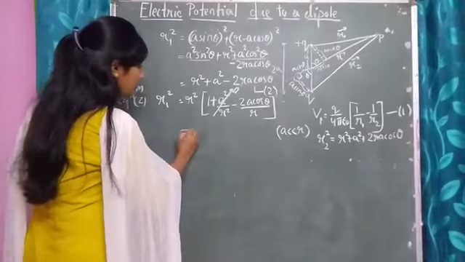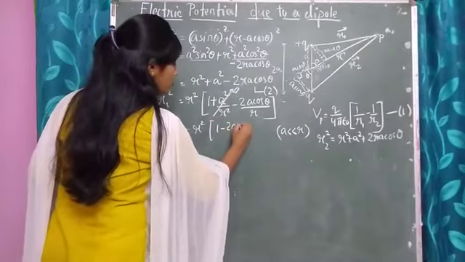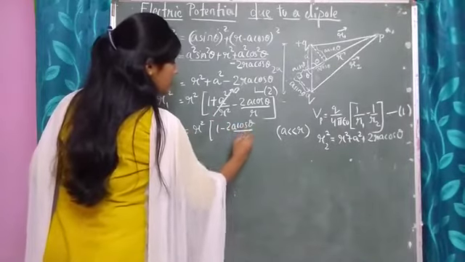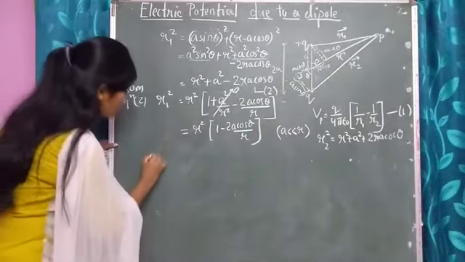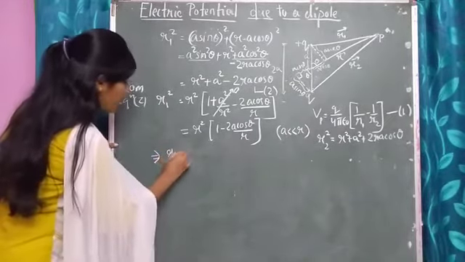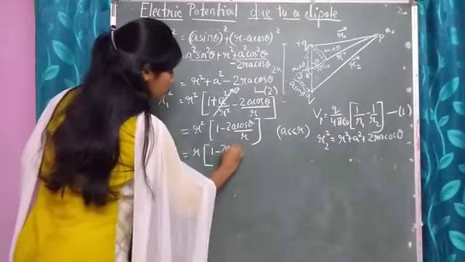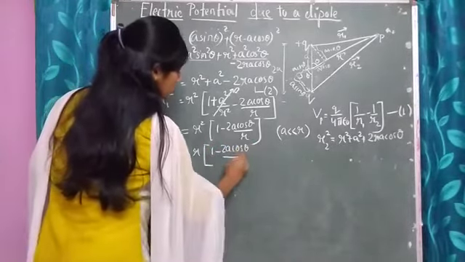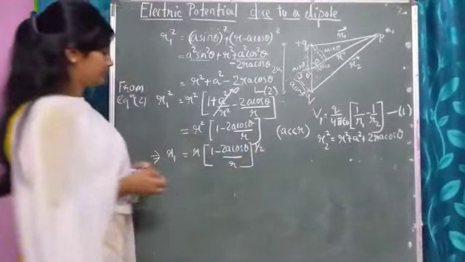So now I will write r square times 1 minus 2a cos theta by r. Next, removing the square, r1 becomes r times 1 minus 2a cos theta by r to the power half.